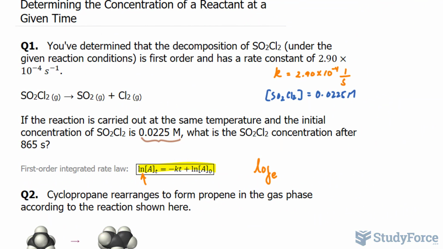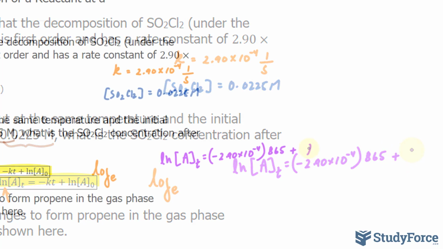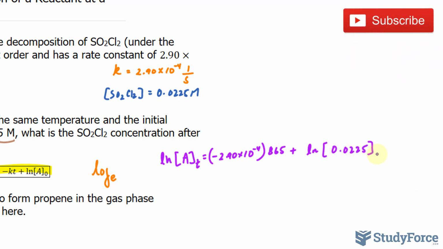Let's go ahead now and substitute the information. We're looking for ln of, we'll just call this A for simplicity, A subscript T, is equal to negative this number, negative 2.90 times 10 to the power of negative 4, times the time, which was 865, plus ln of our concentration given in the question, 0.0225, and I'll write the subscript 0.